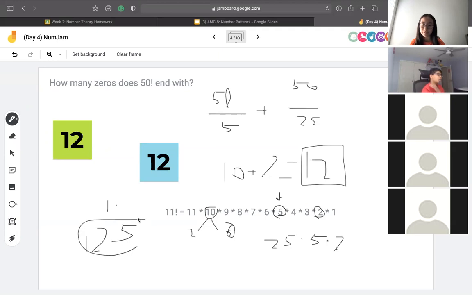But 125 doesn't matter here because we're only looking at 50 factorial and there's not going to be a 125 in that. The numbers in the denominator are just going to be powers of 5. So this is 5 to the first power, this is 5 to the second power, this is 5 to the third power, and then we'd do 5 to the fourth power if it's a bigger number.